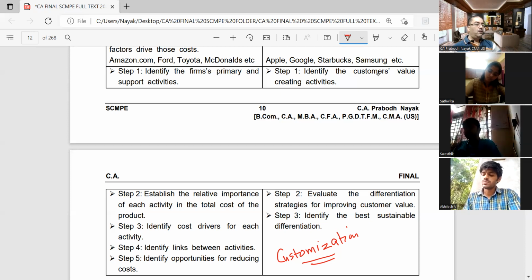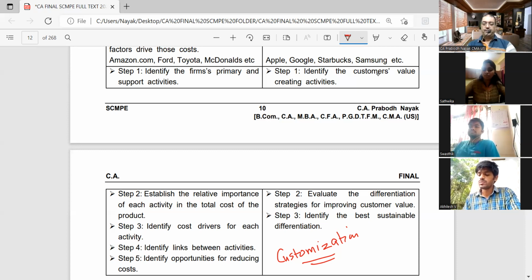And the customer value will be the result of many interrelated activities and strategies used.